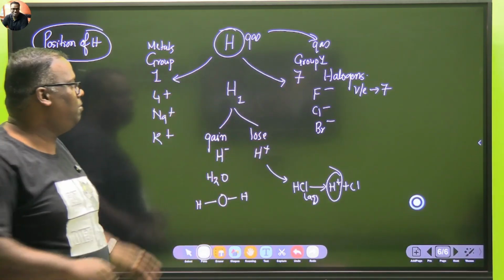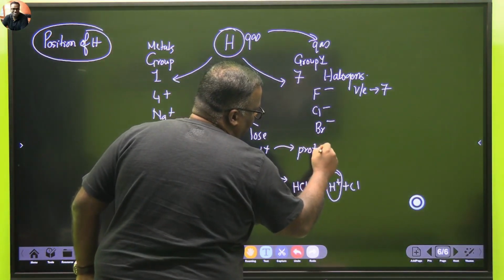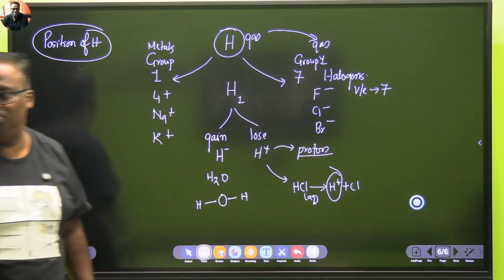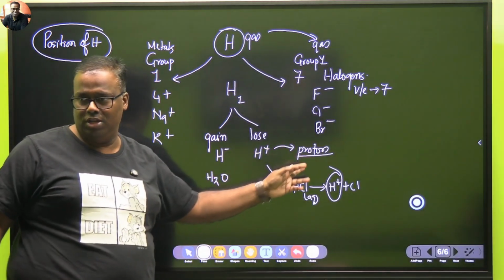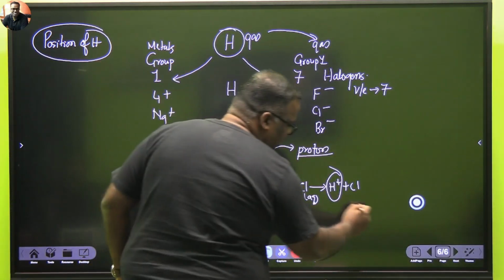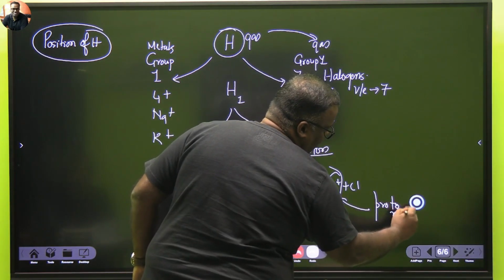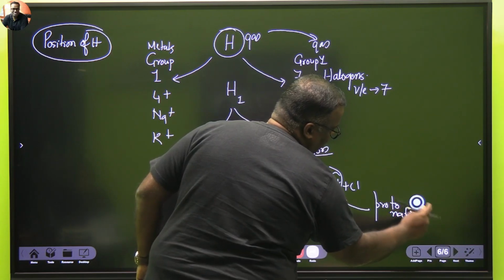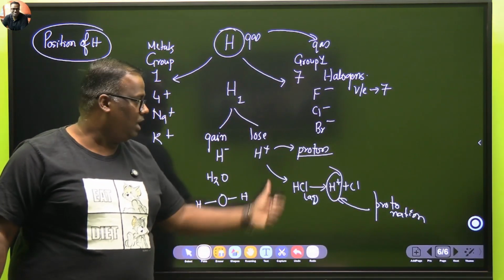But if you think about H plus, what is H plus? Isn't H plus a proton? Yes, hydrogen has got one proton and one electron. If it loses its one electron, it becomes a proton. That's why in higher classes, these steps are known as protonation. Protonation means whenever you are trying to create acidity, you are bringing in protonation, that H plus.